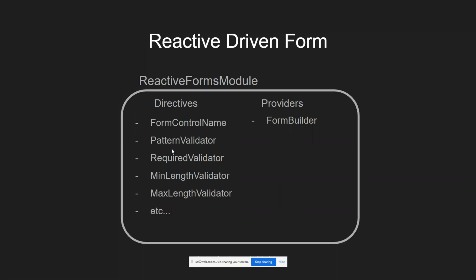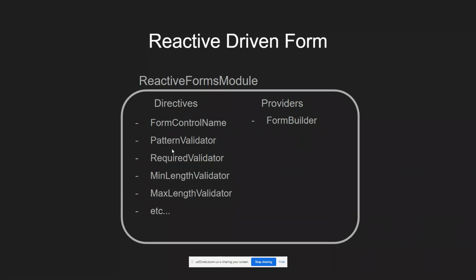With this behavior, we can actually create unit tests for our validators. For reactive forms, we also need to import another module so that we can create reactive forms. Basically, this module provides directives similar to template driven forms. So what is formControlName? We use it to sync a form control in an existing form group.